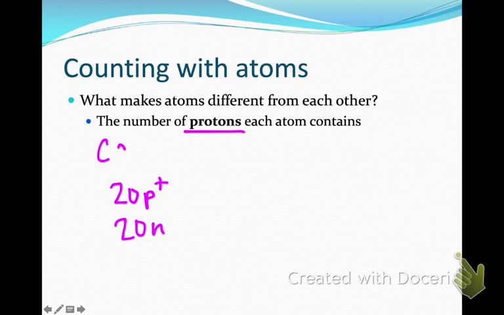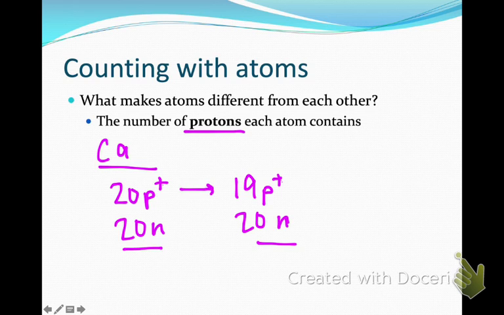That would be calcium. But if I had 19 protons and 20 neutrons, these are not the same atom just because they have the same number of neutrons. In fact, they are different atoms because they have different numbers of protons. So this would be potassium.